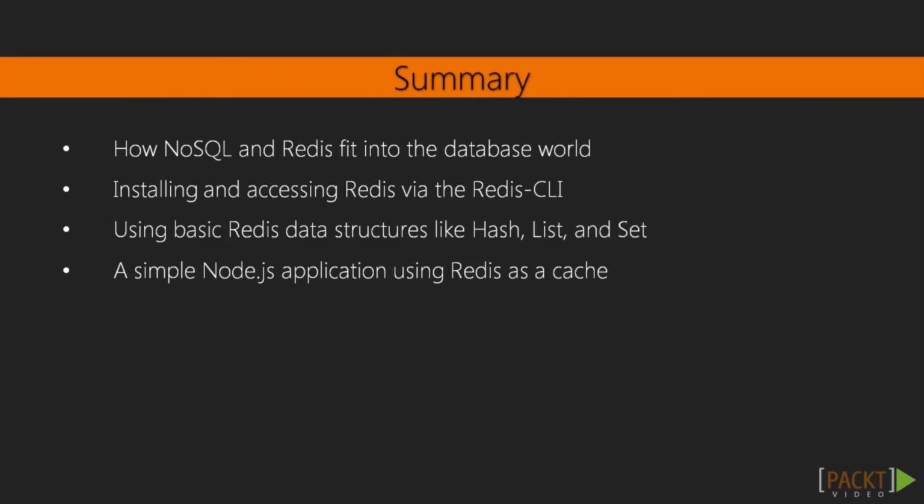We've seen how we can install and access a remote Redis or a local Redis using the Redis CLI. We've learned how to use basic Redis data structures, the hash, the list, and the set, to perform various functions. And we've created a simple Node.js application using Redis as a cache and Twitter as a source of information.